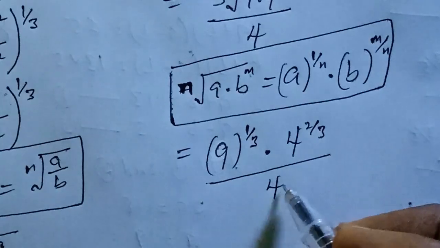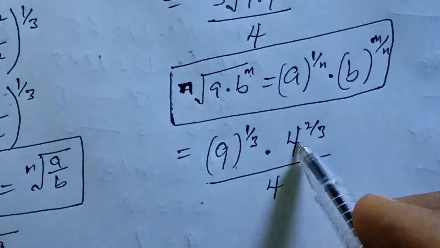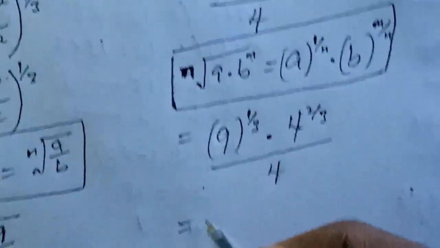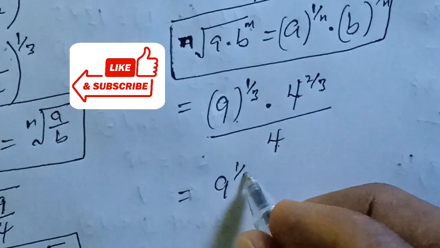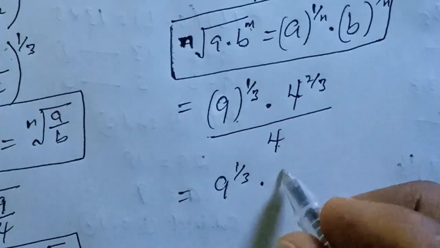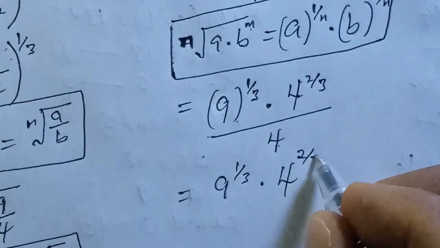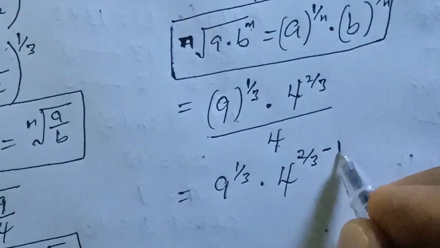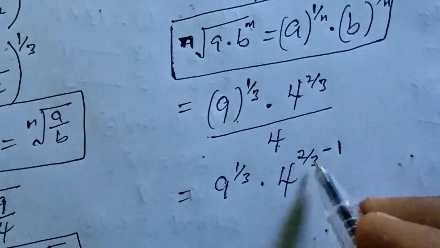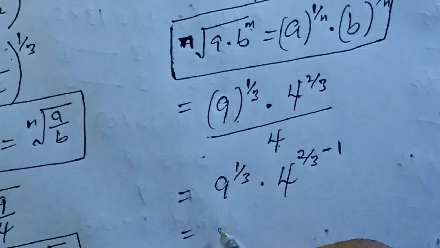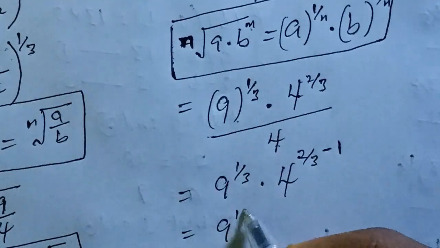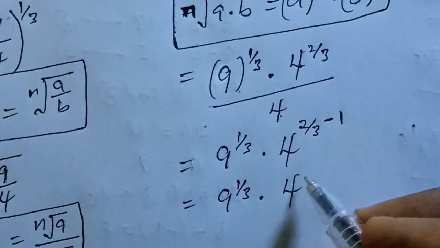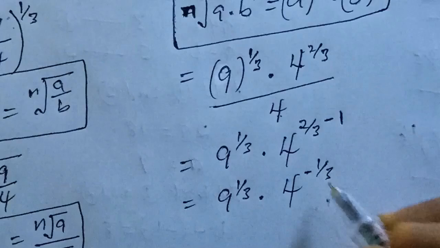This can be written, using the law of exponents, since these have the same base 4, as 9 raised to power 1 over 3 multiplied by 4 raised to power 2 over 3. Then with this 4 at the denominator, we have minus 1. So we simplify this, then we have 9 raised to power 1 over 3 multiplied by 4 raised to power minus 1 over 3.